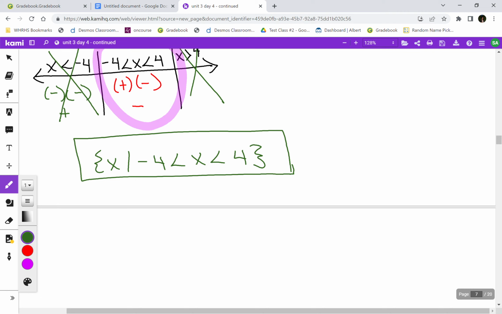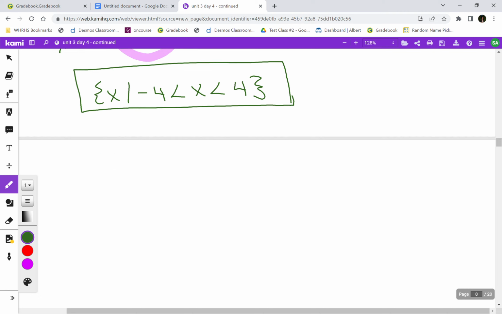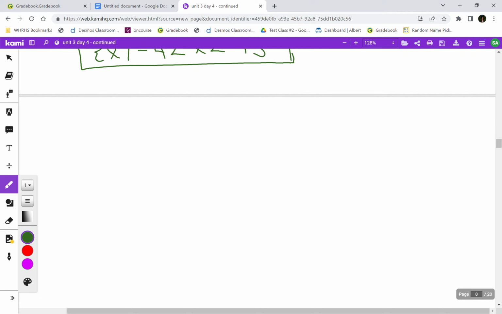All right, let's do another one. Okay, so right off the bat, I see quadratic inequality.